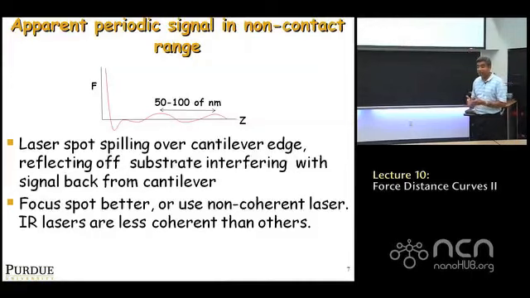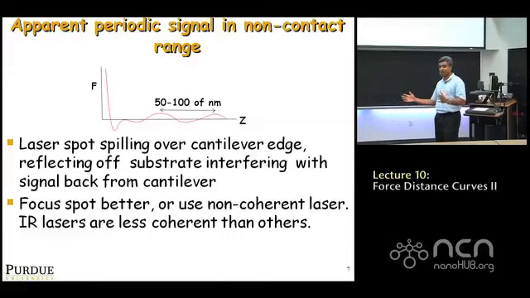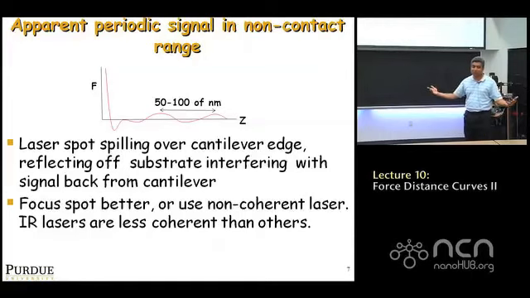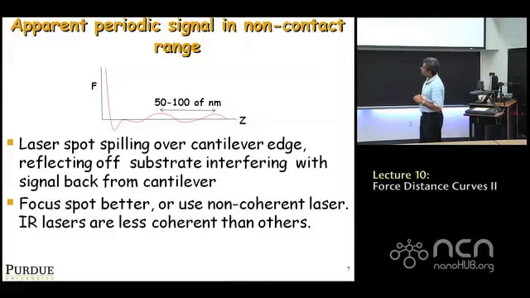But in reality, if you do your FZ typically over 200 or 300 nanometer Z ranges, you start seeing funny things: in what is considered the non-contact zero force range, you start seeing wavy forces. Now, before you jump to the conclusion that you have discovered a new force of nature, you should simply look at artifacts.